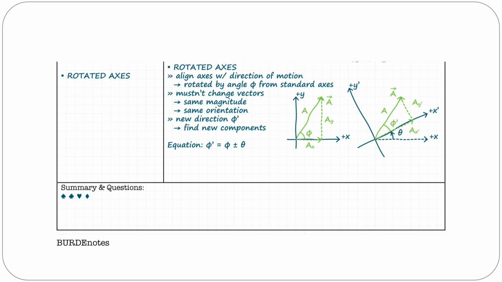Thus far, we've used an angle phi to describe the direction of that vector, but that's relating the direction of our vector to the direction of our axes here, which we default to using horizontal and vertical axes as our standard axes. But that doesn't have to be the case.